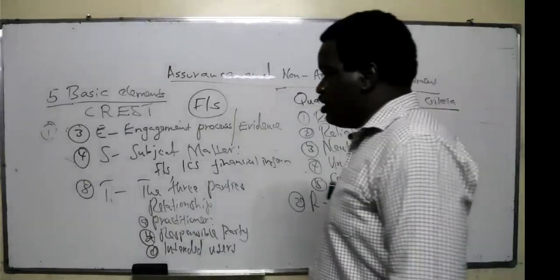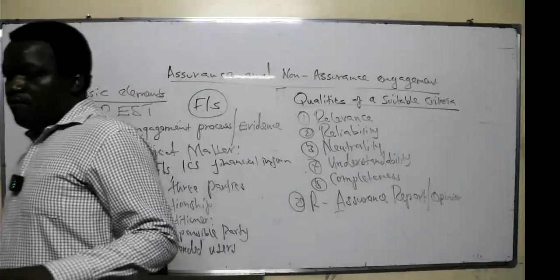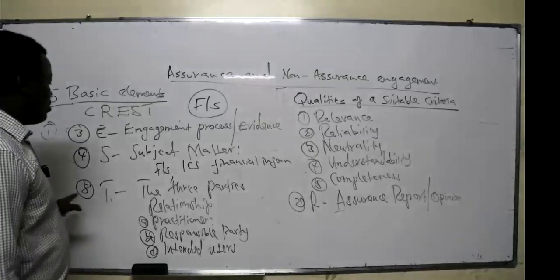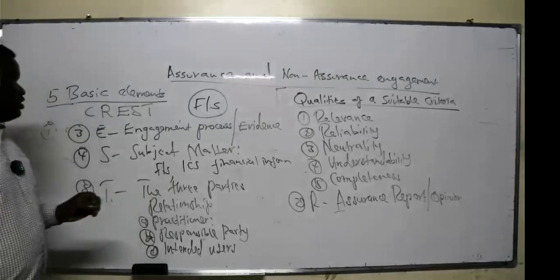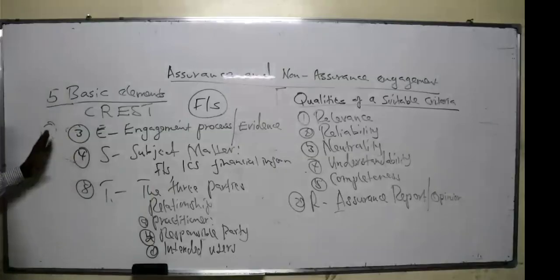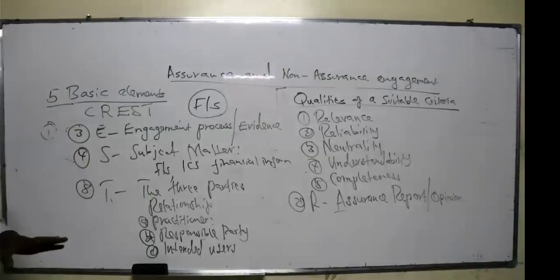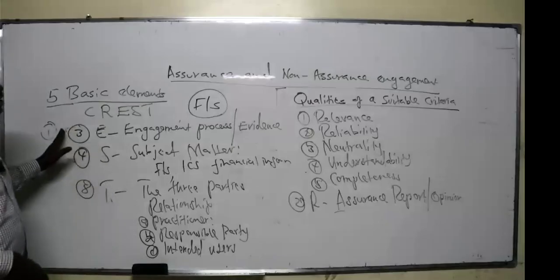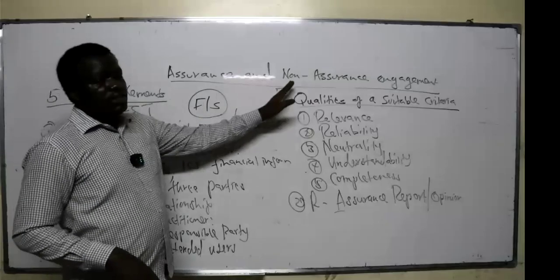So class, those are the 5 basic elements of assurance engagement: the suitable criteria, the assurance report, the engagement evidence, the subject matter, then the three-party relationship. So any form of engagement that lacks the 5 basic elements is what we call a non-assurance engagement.